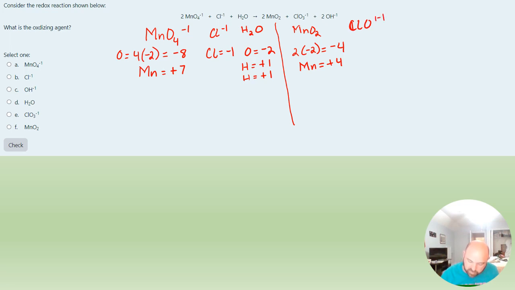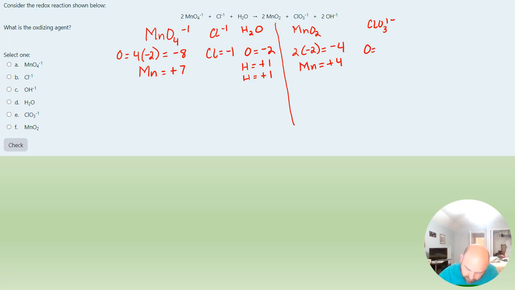In our next species, the chlorate ClO3 1- ion, I messed that up, let's rewrite that. All right, so the ClO3 1- ion, the chlorine, well, let's do oxygen first.